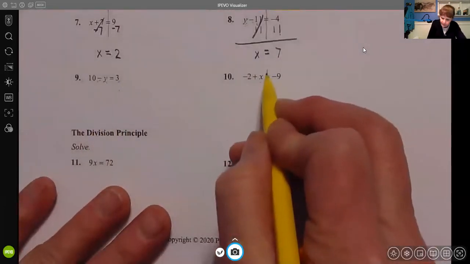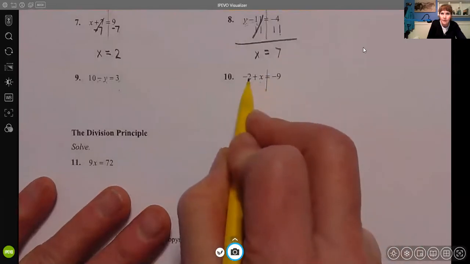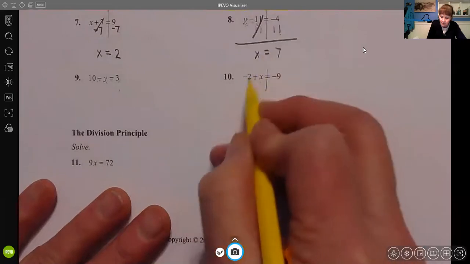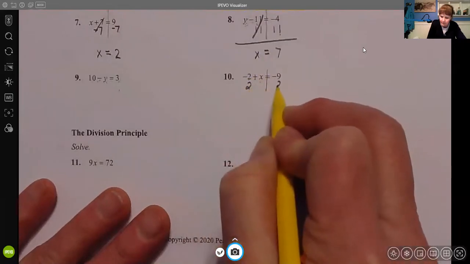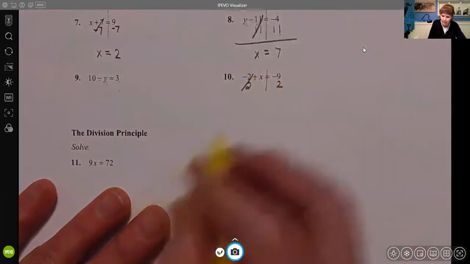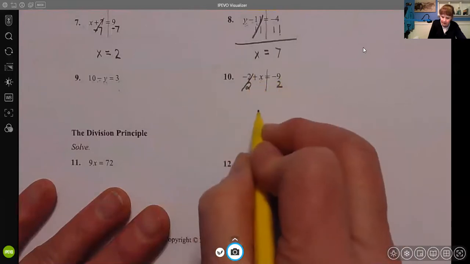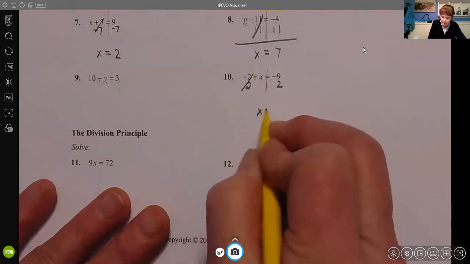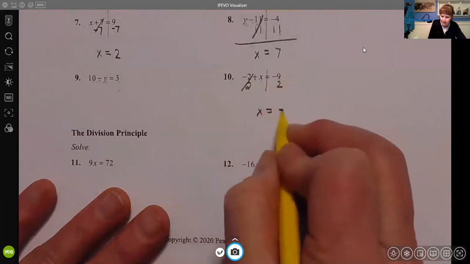Okay, here with the x, I have a plus -2. So to get rid of that -2, I'm going to add a positive 2. Add a positive 2. So that's gone, because -2 and 2 is 0. So I've got x equals -9 and 2 is a -7.